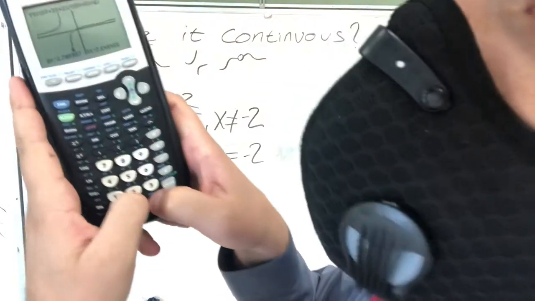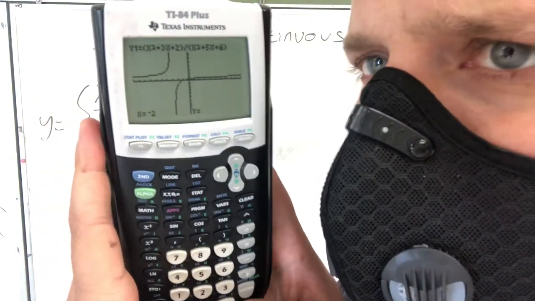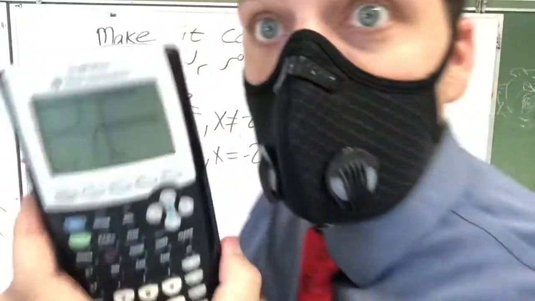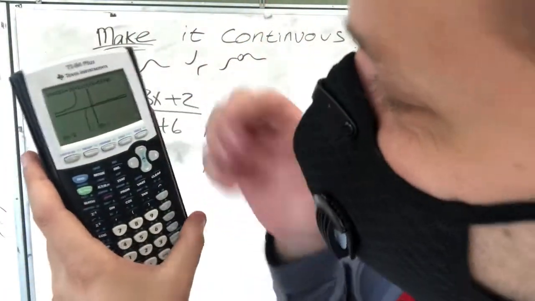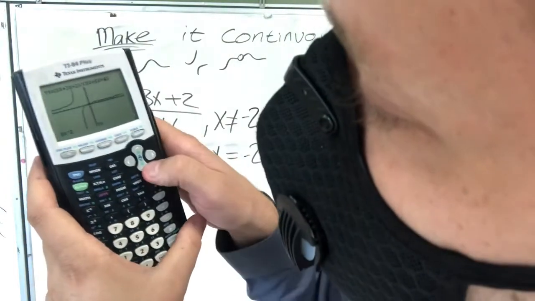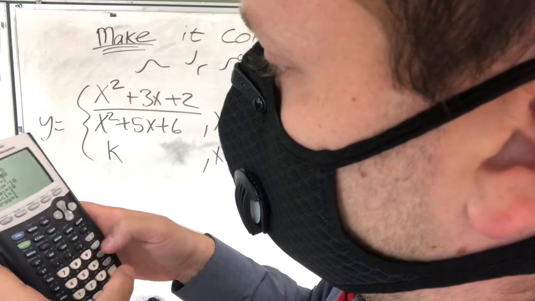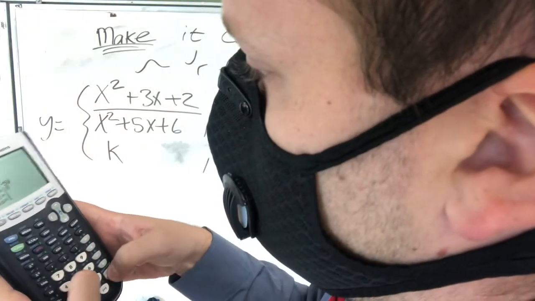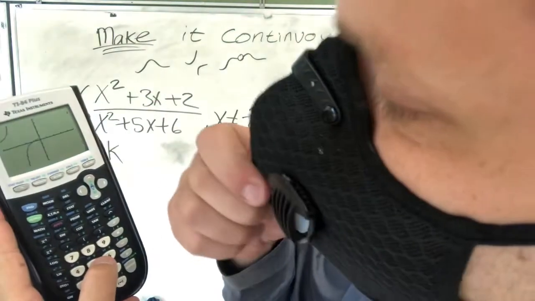So if I come to negative 2, type in negative 2, it gives me nothing. Nothing? Well, it's not an asymptote, okay? Because there's not an asymptote at negative 2. In fact, I can even zoom in a little bit more. Okay, so again, I just zoomed in a little bit.